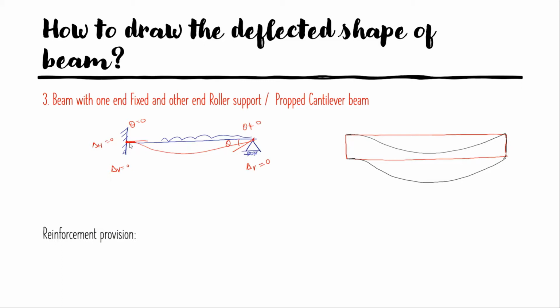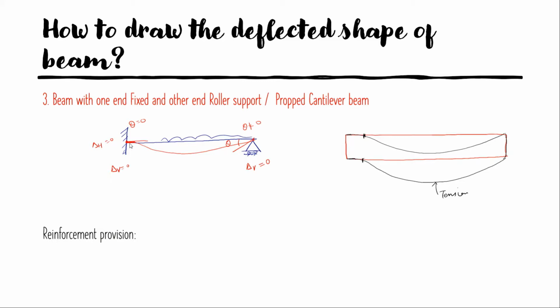Now what we can see here, that it is in compression up to this end, from here to here it is in compression, and this portion is in tension, tensile fibers.